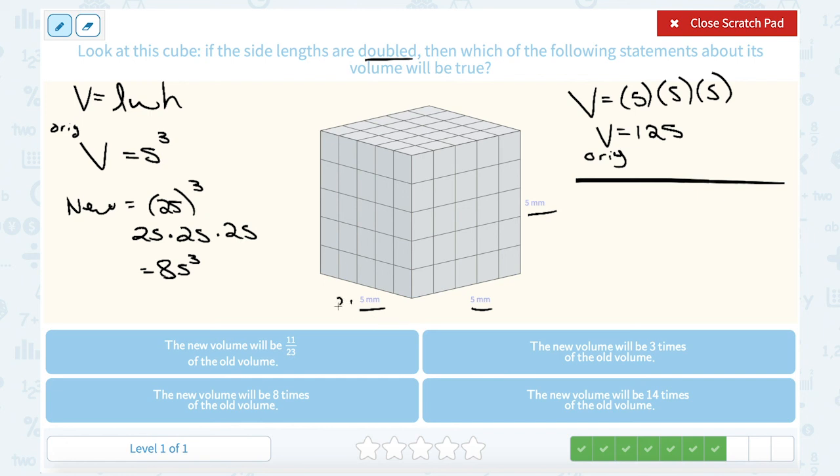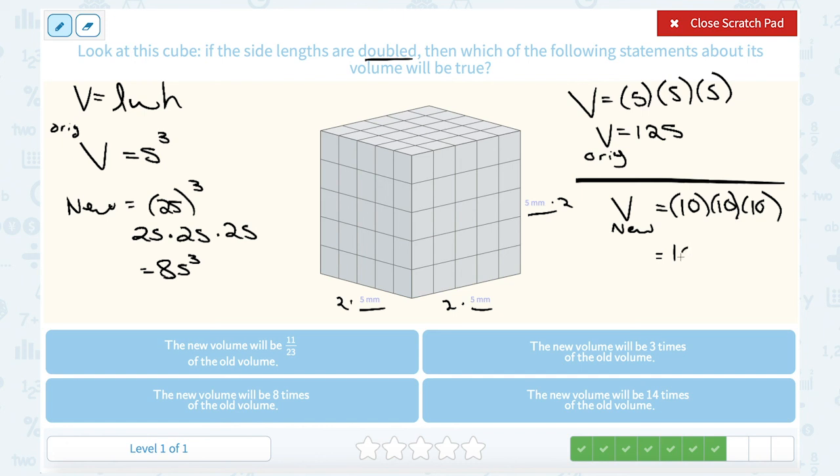Well, 5 times 2 is 10, so they would all become 10 now. I would say the volume of my new cube would be multiply those 3 sides of 10 together. 10 times 10 times 10, right? 10 times 10 gives me 100, times 10 again adds another 0, or 1,000.